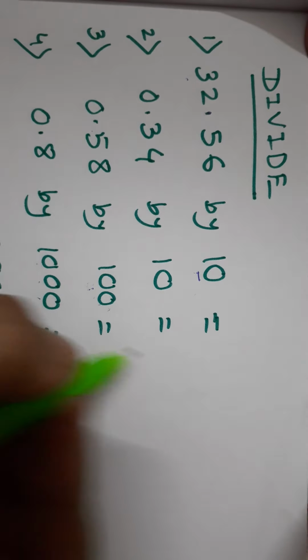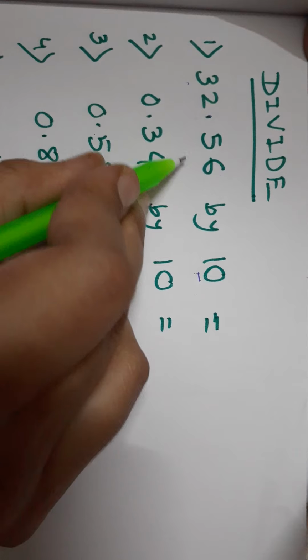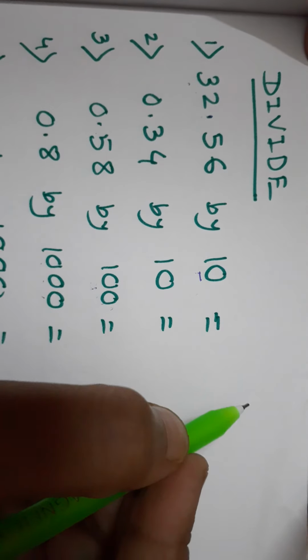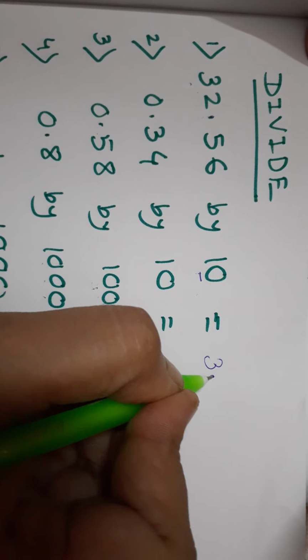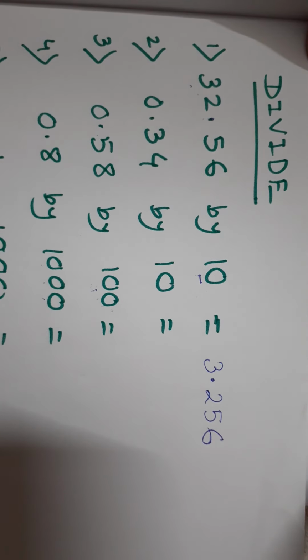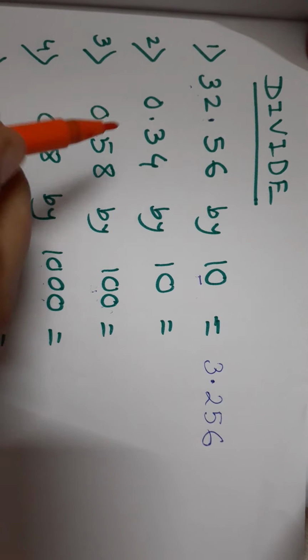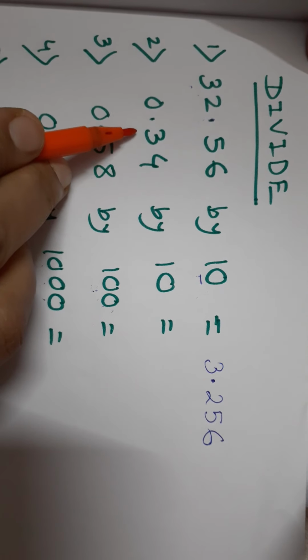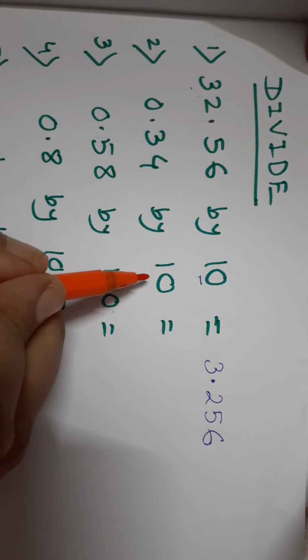So let's see the first one, 32.56. When we shift this decimal point to the left side, we will get 3.256. Similarly, this is 0.34, and we are dividing 0.34 by 10.